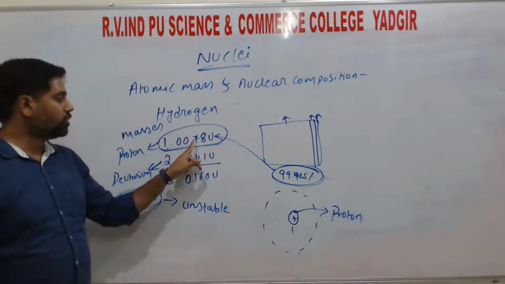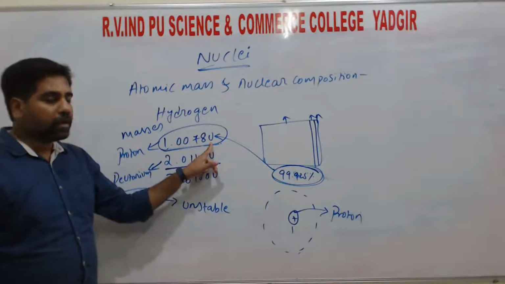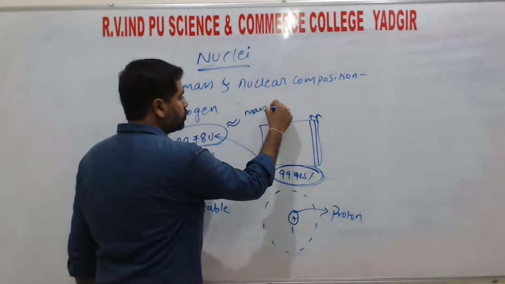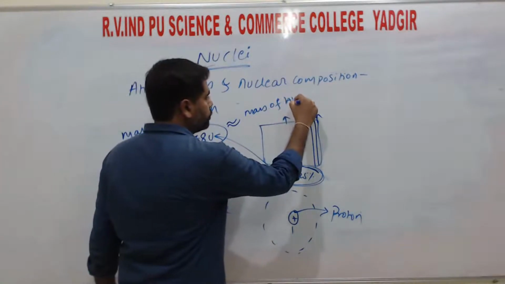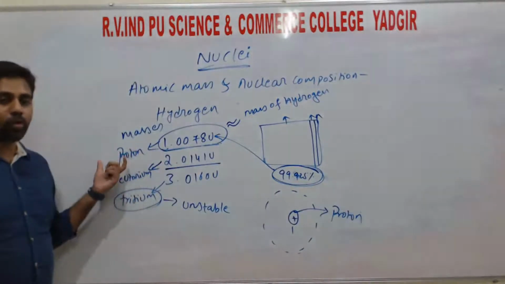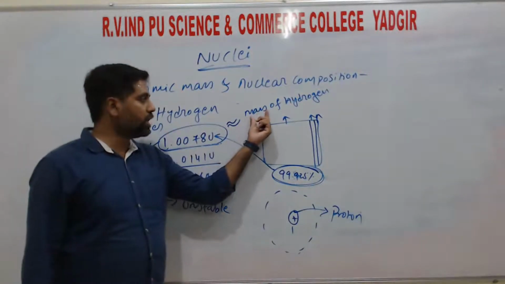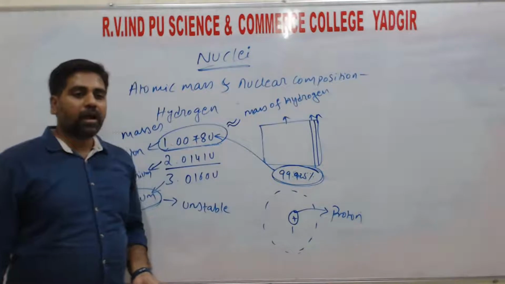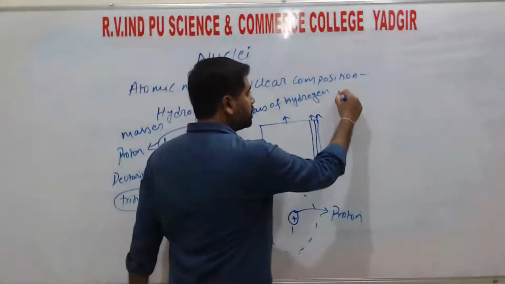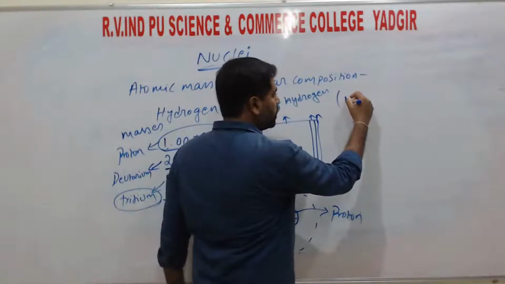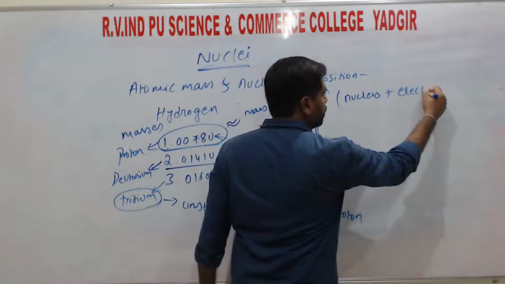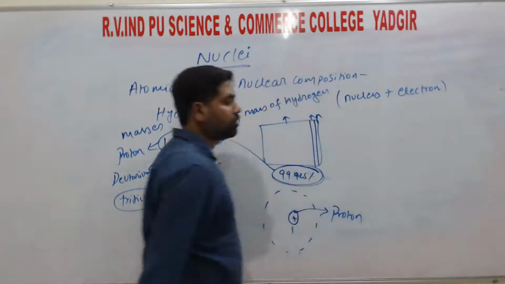That is 1.0078. It is near to the value of the mass of hydrogen, right? So the mass of the proton is approximately equal to the mass of hydrogen, right? Hydrogen has a mass equal to the mass of the nucleus plus the mass of the electron.